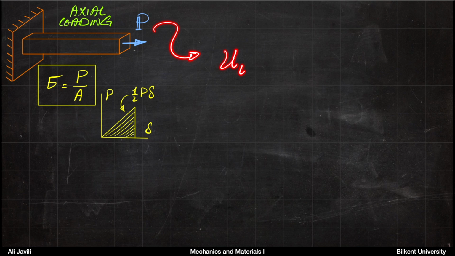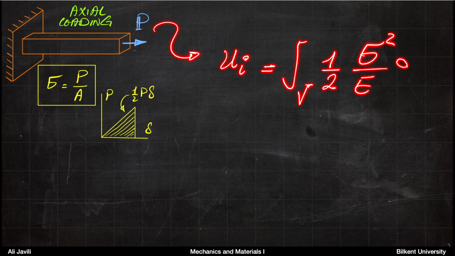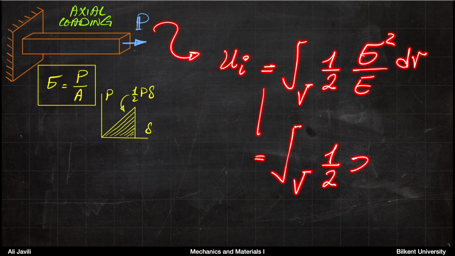So we just mentioned that the internal energy would be integral over the volume 1/2 of sigma squared divided by E dV. Or again, in its original form, it's 1/2 of sigma epsilon dV.